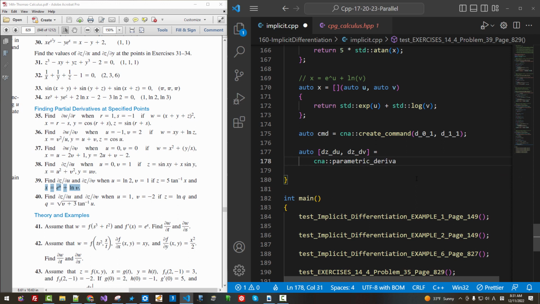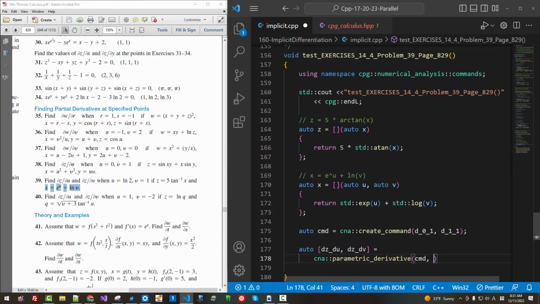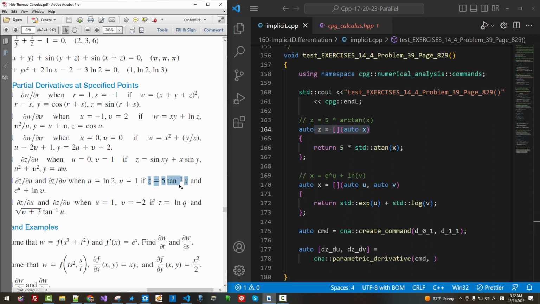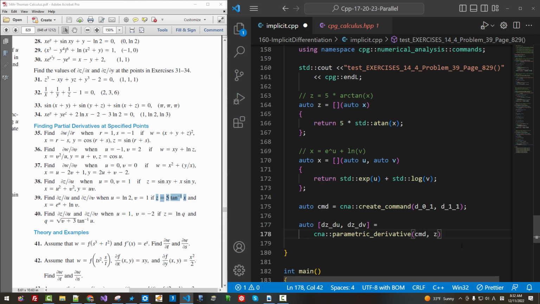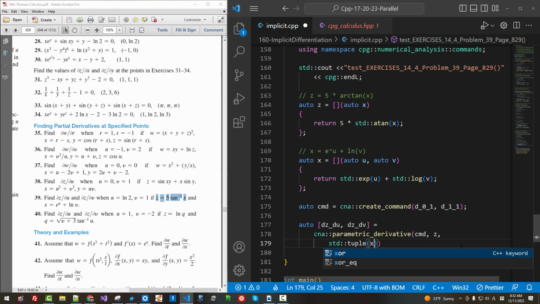Now auto dz du, dz dv, parametric derivative. We pass the command, then our function is z. In this case, z is 5 times arctangent x. This z takes tuple x, where x is a function.